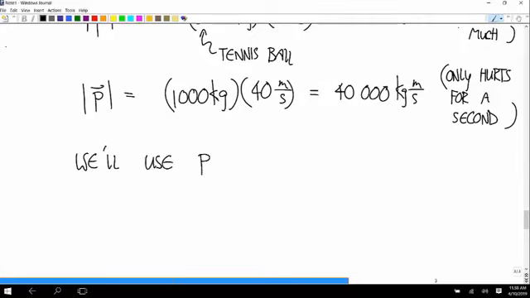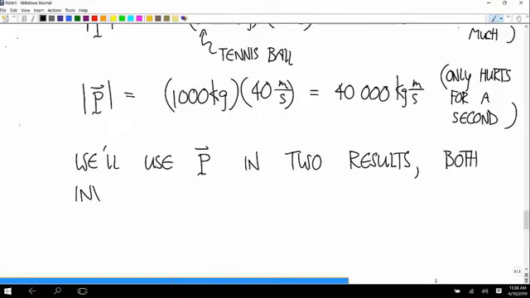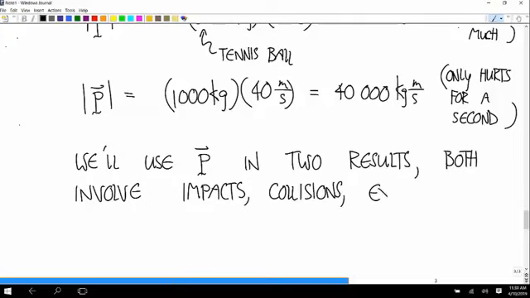We'll use linear momentum in two results, and both are useful for impacts, collisions, and explosions.